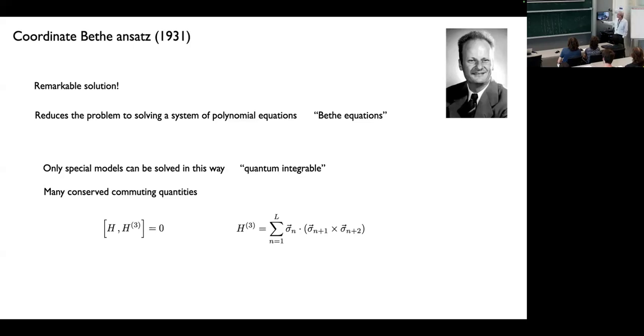It turns out this commutes with the Heisenberg Hamiltonian. One can also write an H4, an H5, and so on. So this is quite special, and it turns out those models can be solved along the lines of what I want to explain for this model.